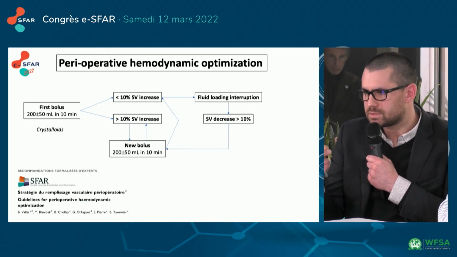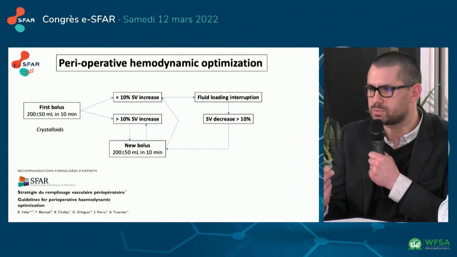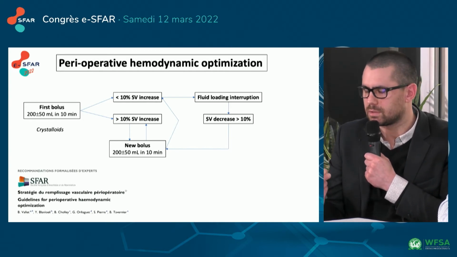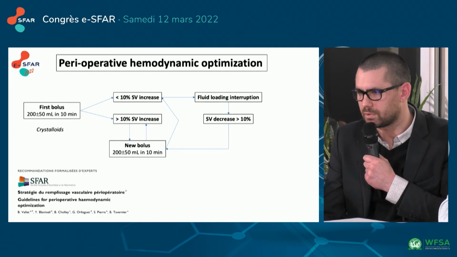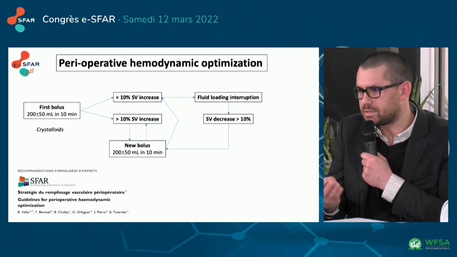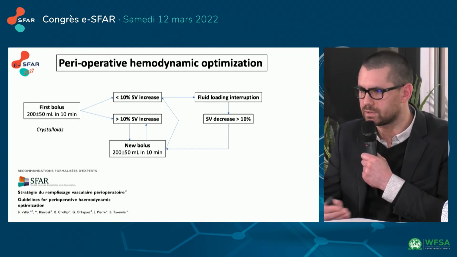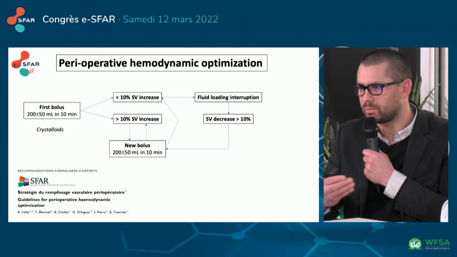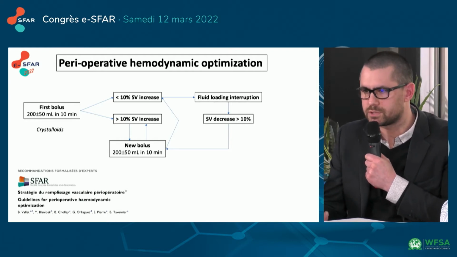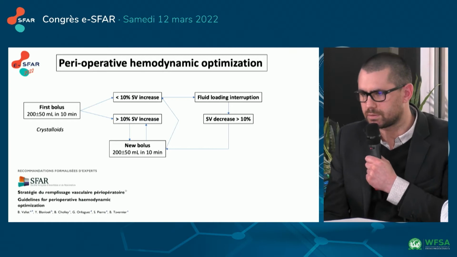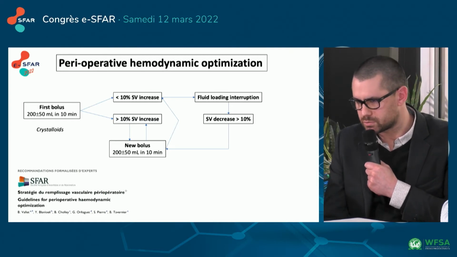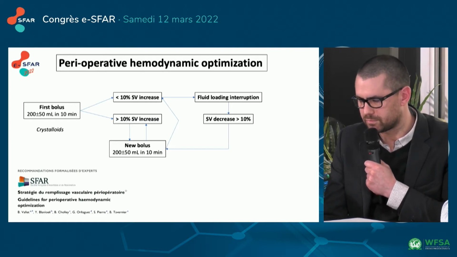So you have two different therapeutics you can use to increase mean arterial pressure or cardiac output in general. The first step, to my point of view, is to optimize circulating volume of your patients. And finally, that's exactly what we do every day in the operative room. When we have some kind of hypotension, we just open the fluid and it goes through in the vessels.